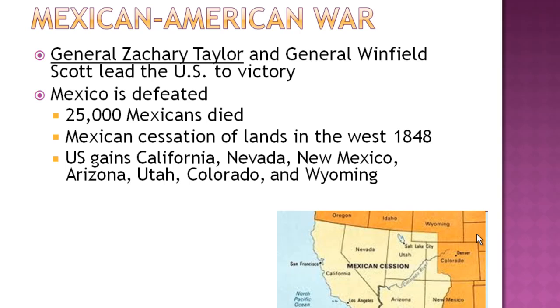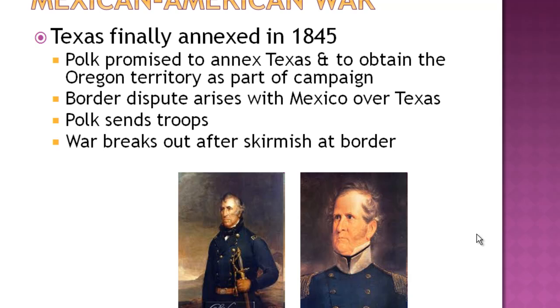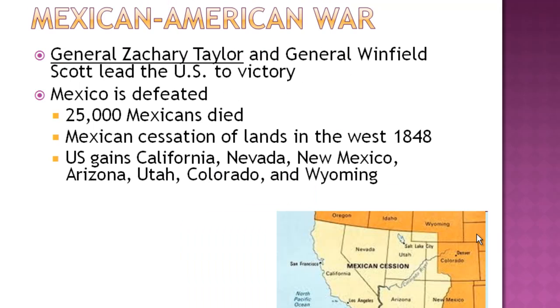General Zachary Taylor and General Winfield Scott lead many of the battles in the Mexican-American War. This is them on the previous page. In this war, Mexico is defeated.